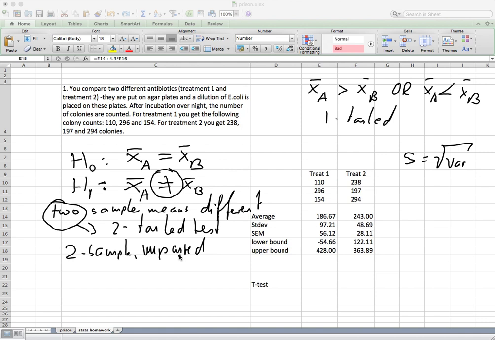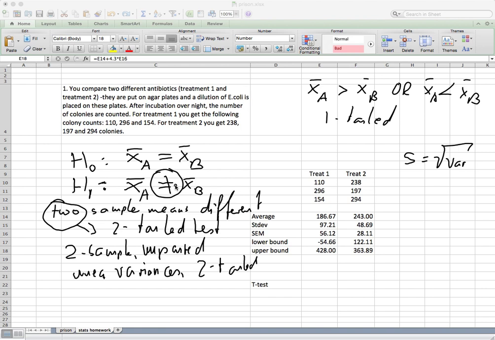So we know that there are unequal variances, and we know that it must be a two-tailed test, because we said in our alternative hypothesis we want to go for unequal.